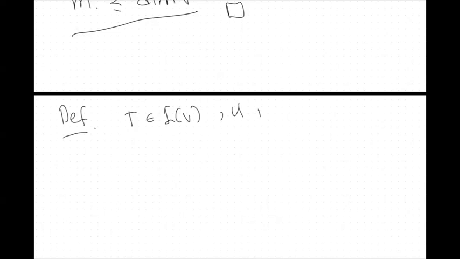So let me define a restriction operator. Here T is a linear operator, and U is an invariant subspace of the vector space V under our linear map T.